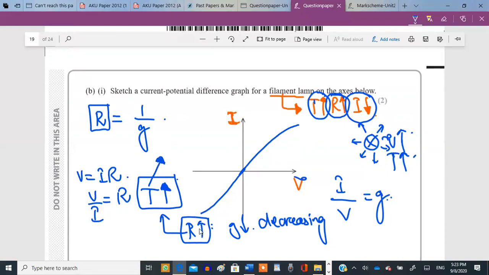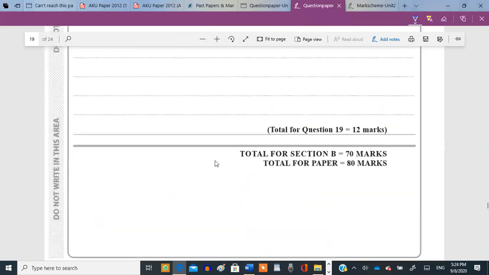Why does this increase in temperature cause an increase in resistance? That is due to the lattice vibrations. The atoms present in the lattice vibrate, and as they vibrate, they provide hindrance for the flowing electrons. Therefore, the current decreases. Okay, let's write down the answer over here.